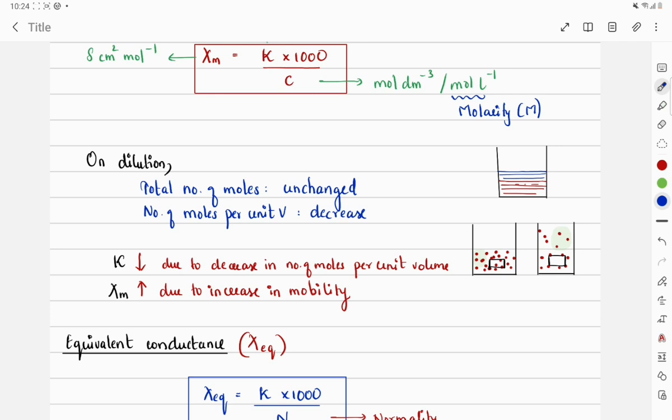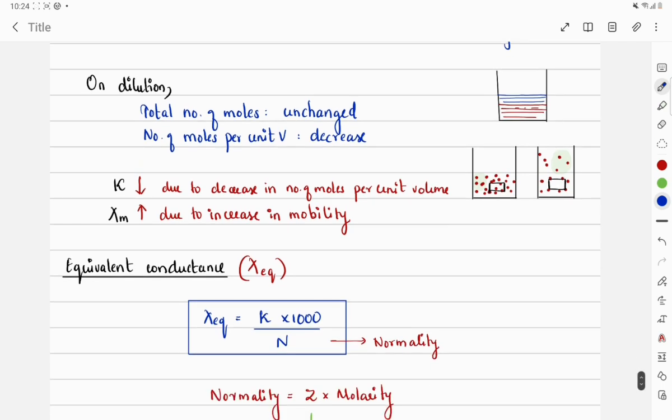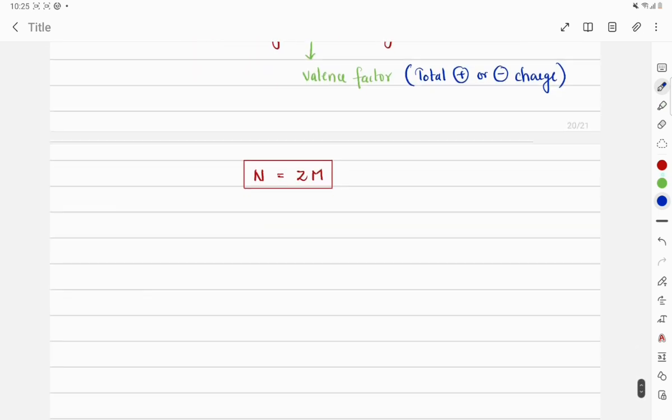Lambda M is inversely proportional to molarity. Lambda EQ is inversely proportional to normality also.